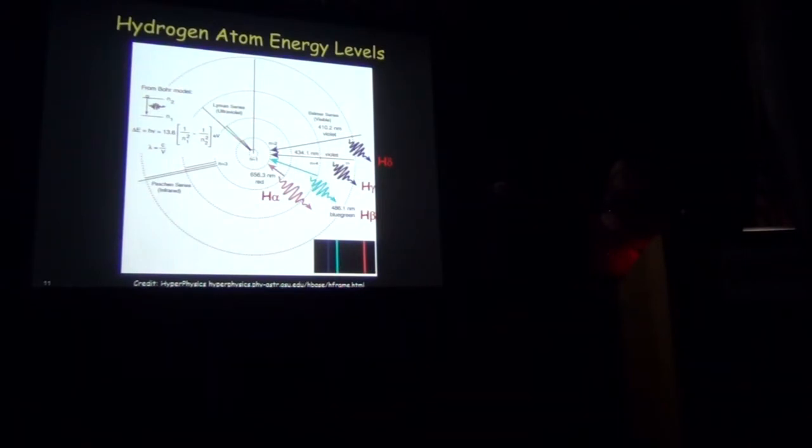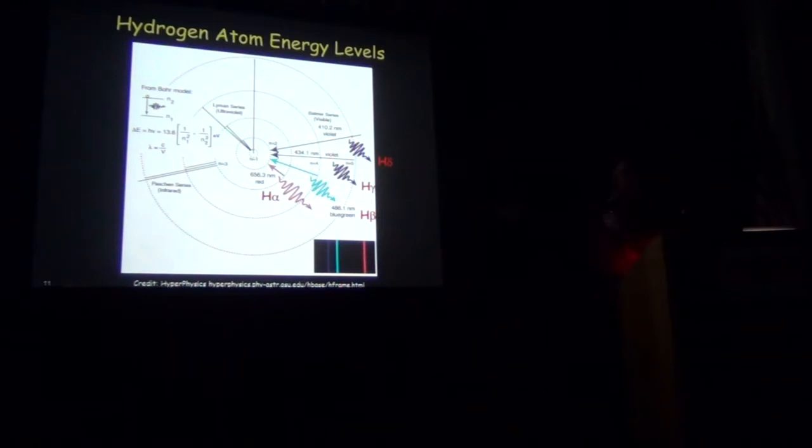If we go from n equals 5 down to 2, we end with H gamma, which is 434 nanometers, and I can still see this, and it turns out to be a very nice violet. But now I've gotten old enough that I don't see this, which goes from n=6 down to n=2. In other words, at 410 nanometers, I don't see this violet anymore.